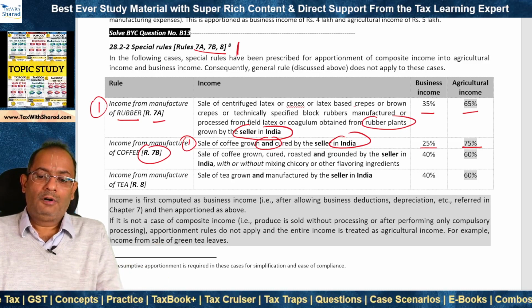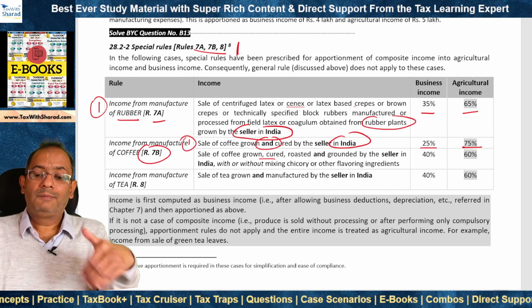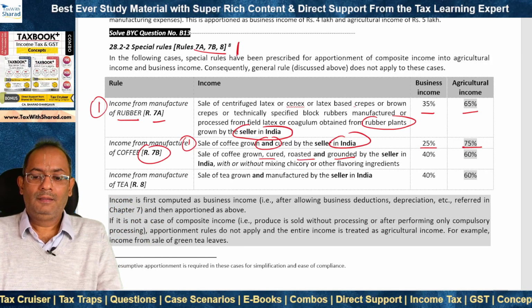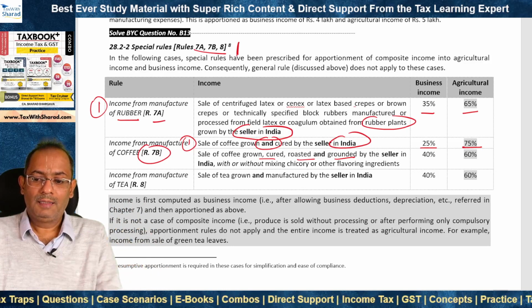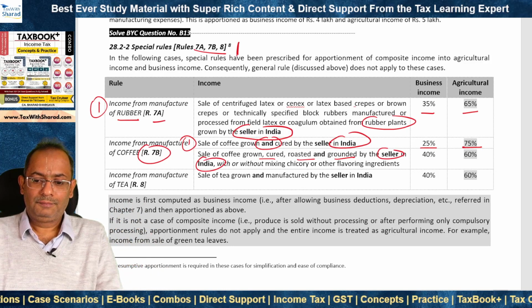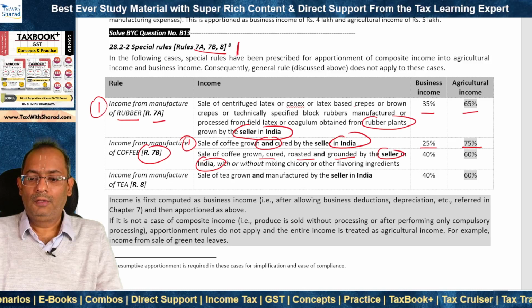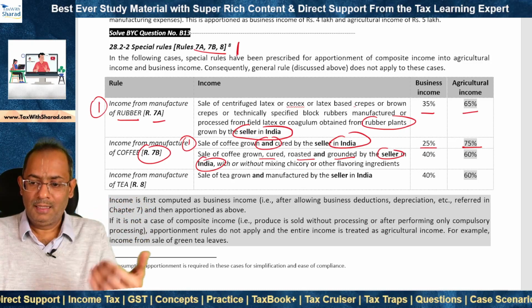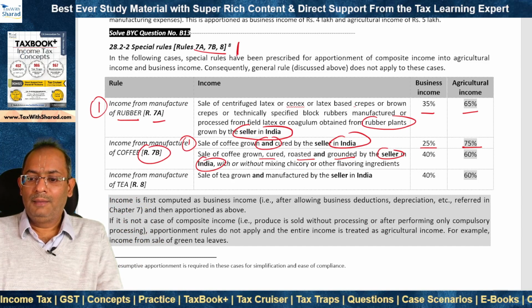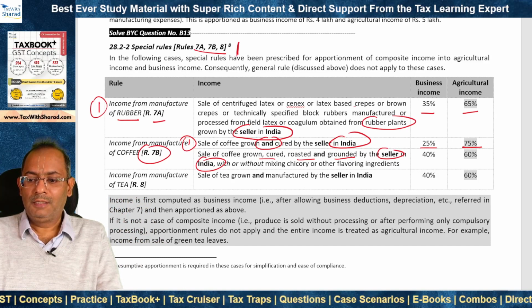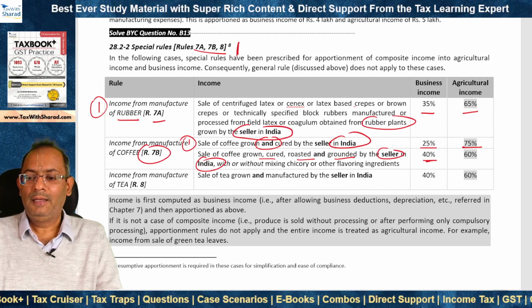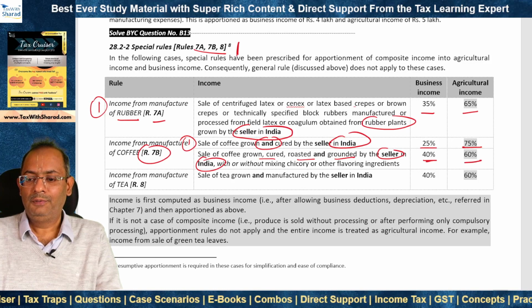In a case where the coffee is not only grown and cured, but some further processing is done in terms of roasting and grinding, the coffee is roasted and ground by the seller in India with or without mixing chicory or other flavoring ingredients, then, since slightly further processing is done, the portion of taxable business income rises from 25% to 40%, and consequently the exempt portion is reduced from 75% to 60%.